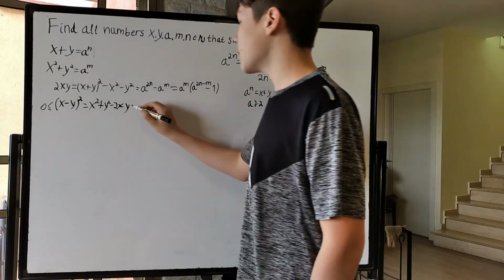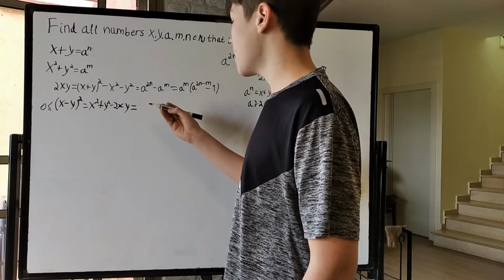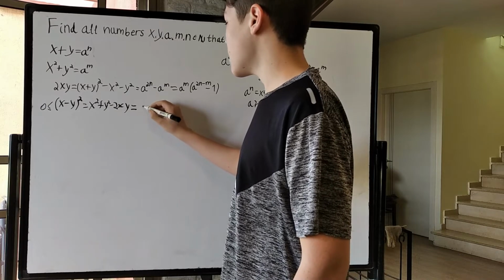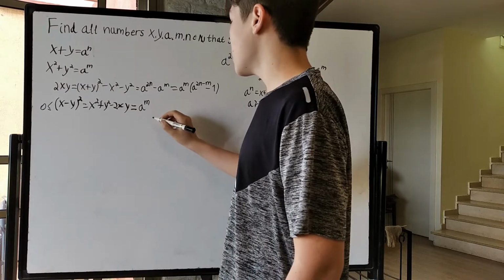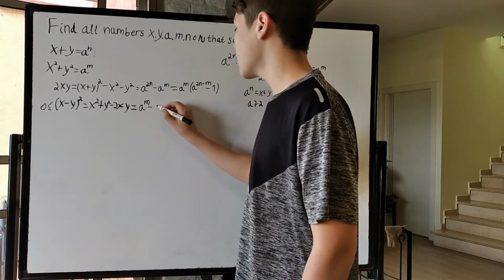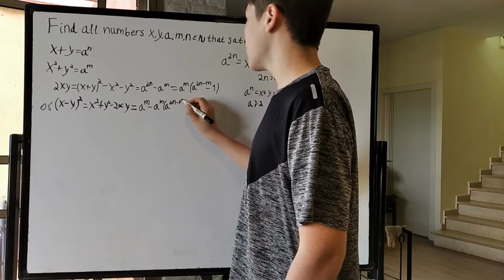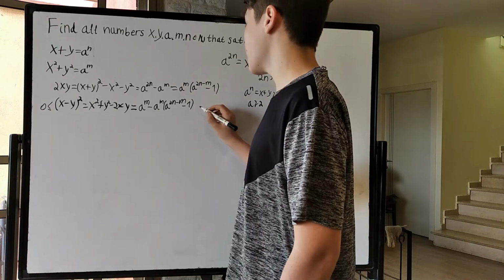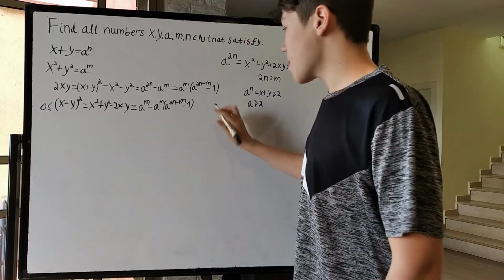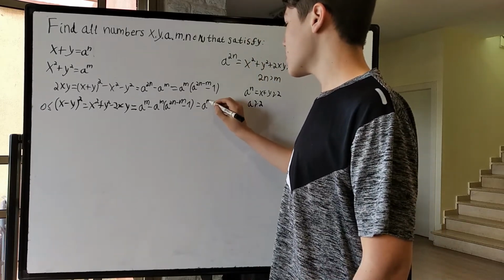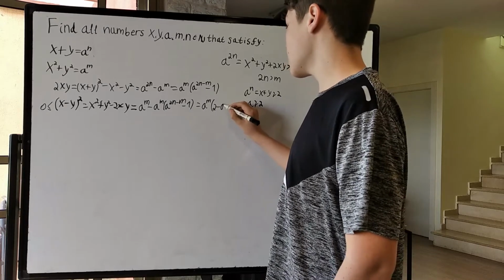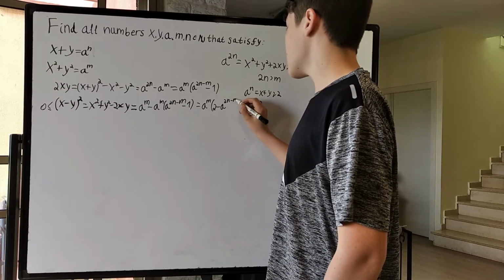So, we know what x squared plus y squared is. It is a to the m, and we know what 2xy is: a to the n times a to the 2n minus n minus 1.